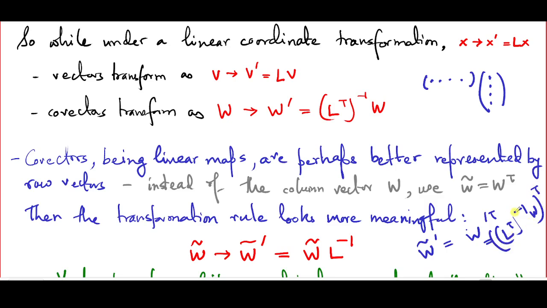And using the standard rule that when you transpose a product of matrices, each matrix gets transposed but in the reverse order, you get W transpose, that is W tilde, into L transpose inverse transpose, that is L inverse. So W tilde transforms to W tilde L inverse. This actually makes it very clear that vectors and covectors transform oppositely. Vectors transform like coordinates, covectors do just the opposite.